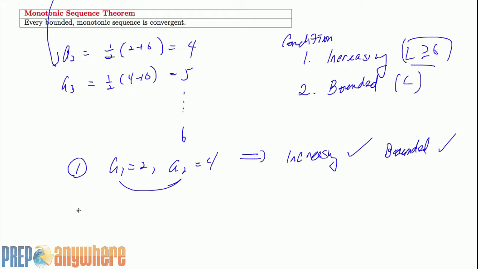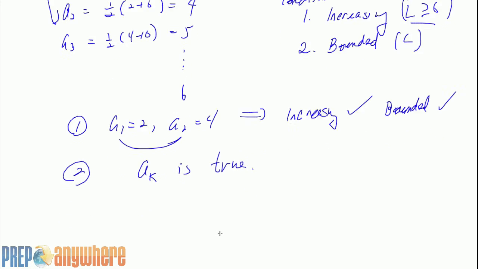Step 2 is to assume that both of these are true for AK, let's say. Our goal is to show that it's also true for AK plus 1.